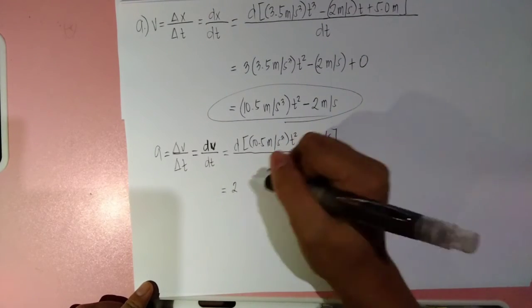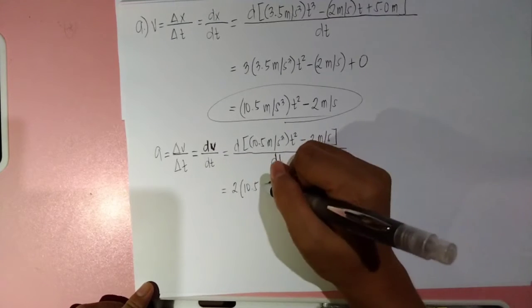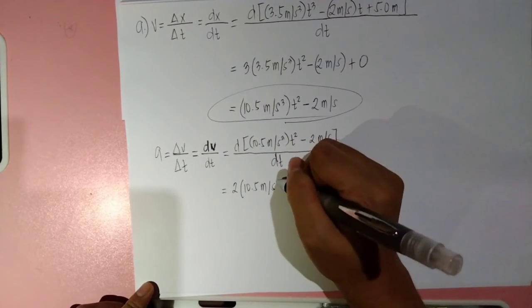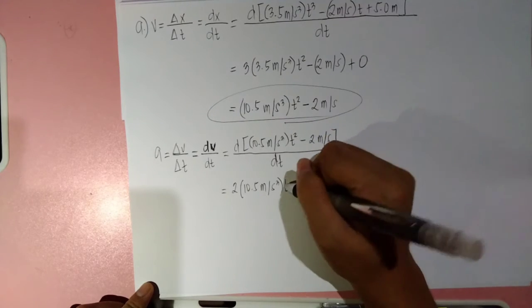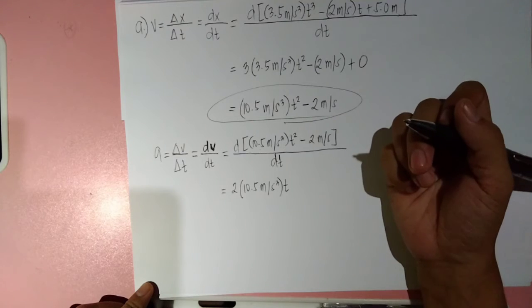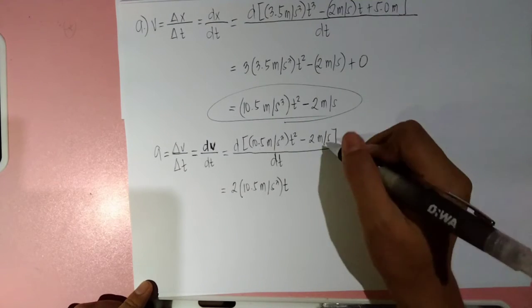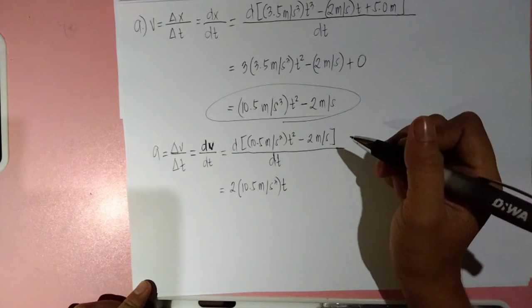Let us write it down first. 10.5 meters per second cubed. 2 minus 1 is 1. So I'm going to write only letter t. And we have right here 2 meters per second.